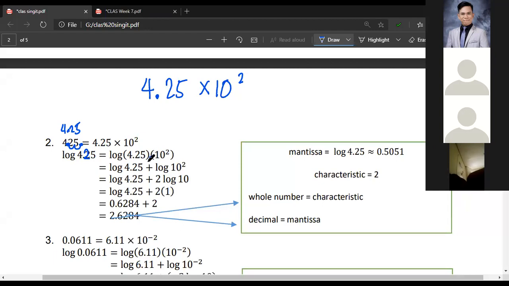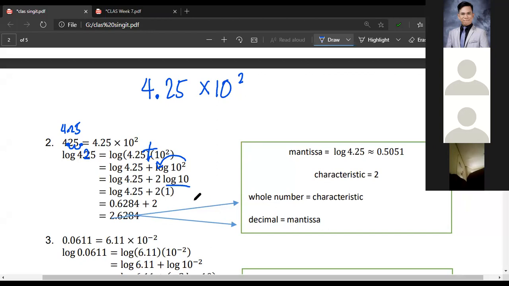Pag product kasi yung pagitan ng dalawang numbers, magiging plus yan. Pero may log na yung isa. Share na sila ng log. Hinati yung log. Next, ibaba si 2. So magiging logarithm of 4.25 plus 2 times logarithm of 10.